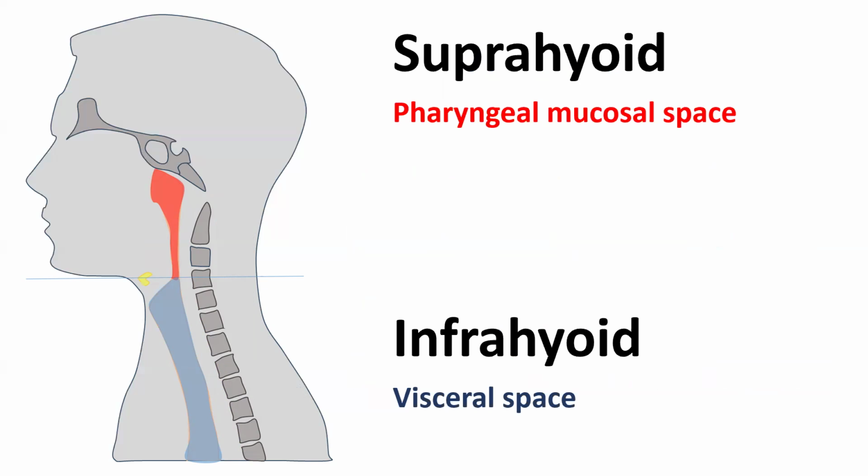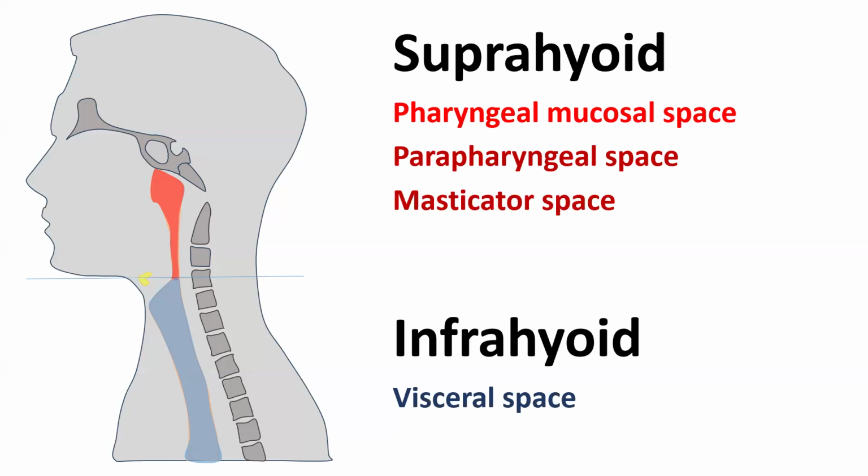Then we have some spaces that are strictly present in the suprahyoid neck. We've seen the parapharyngeal space, located laterally of the pharyngeal mucosal space, and medially of the masticator space and the parotid space. We've also seen some smaller regions, which I will not discuss in detail in this presentation, namely the sublingual space, submandibular space, and buccal space.